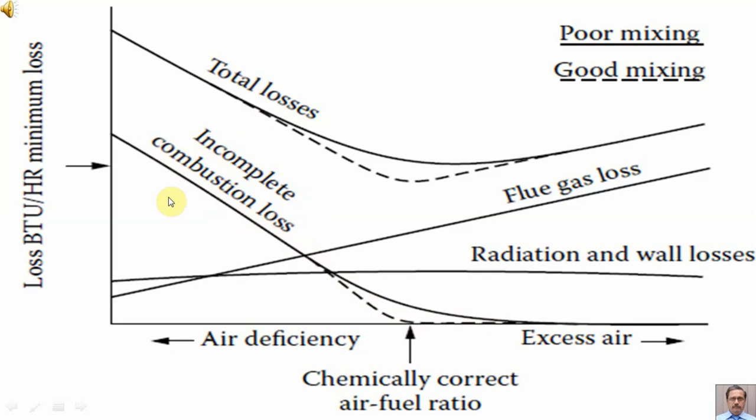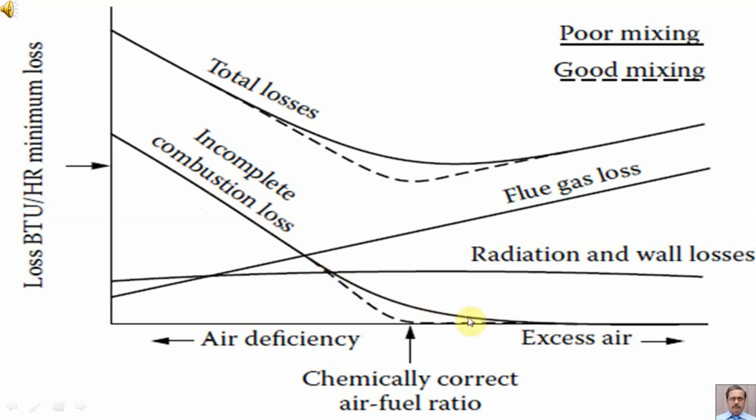So you can see that as the air deficiency increases, the incomplete combustion loss increases, and if the excess air increases, this incomplete combustion loss goes almost to the zero.